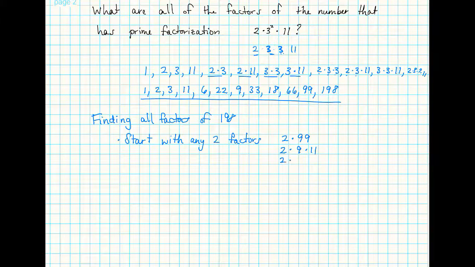So 2 times 3 times 3 times 11. So basically find the prime factorization. Starting with any factorization, moving to the prime factorization, and then we can use the combinations of primes to find all of the factors.